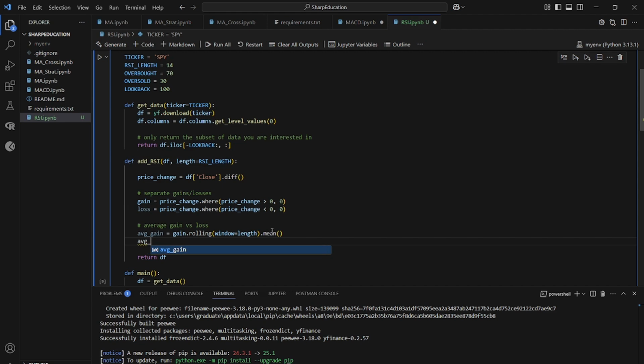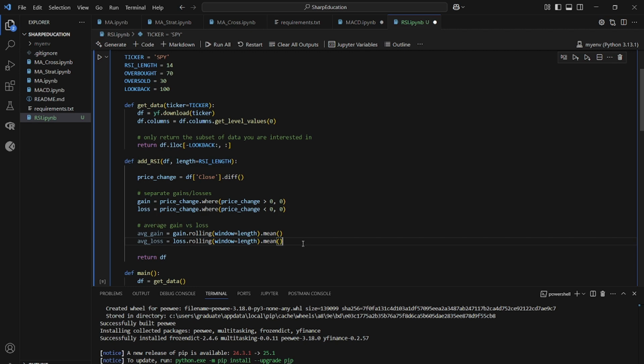All right, and the average loss is going to be really similar. So it's loss dot rolling window equals length dot mean. And then from there we have to calculate the relative strength.